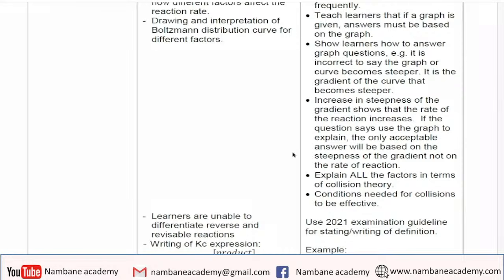So the factor that is different from one experiment to the other, because you'll be comparing the rate of reaction of the two experiments, the factor that affects the rate of reaction and is different from one experiment to the other, will be the independent variable. And then rate of reaction will be the dependent variable. And then, as we have explained earlier, you'll be able to write those conclusions, hypothesis, and investigative question. Those are things that we must be able to deal with.